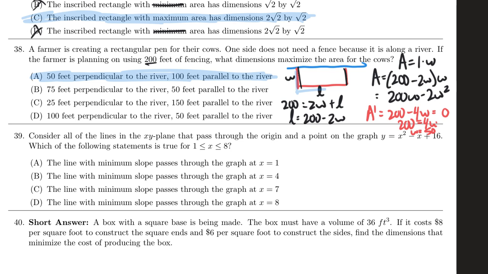All right, for 39, we have this graph, x squared minus x plus 16, looks something like this. And we're going to draw a line from the origin through a point on that graph, and we're going to minimize the slope. So the first thing we need to do is figure out what our formula is going to be. Slope is the y values over the x values.